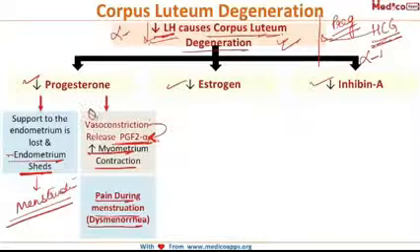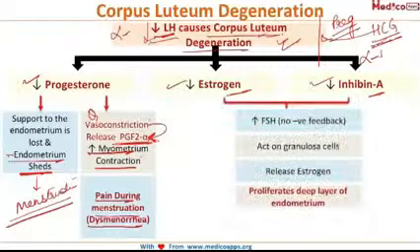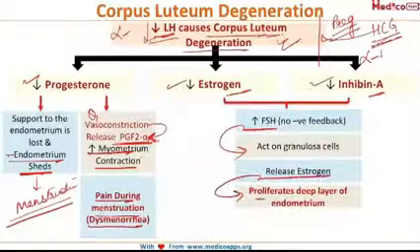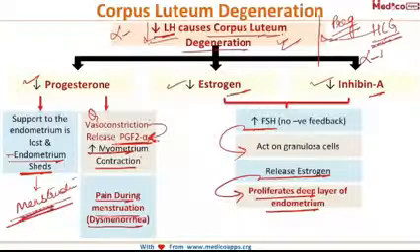Now, subsequent to the decrease in the estrogen and the inhibin values, the negative feedback action on the FSH is lost, and thereby there will be increase in the FSH values, and this FSH will again act on the granulosa cells, leading to the release of estrogen, and subsequently proliferation of the deep layer of the endometrium starts. So, after menstruation, you see here the proliferation of the endometrium has again started.